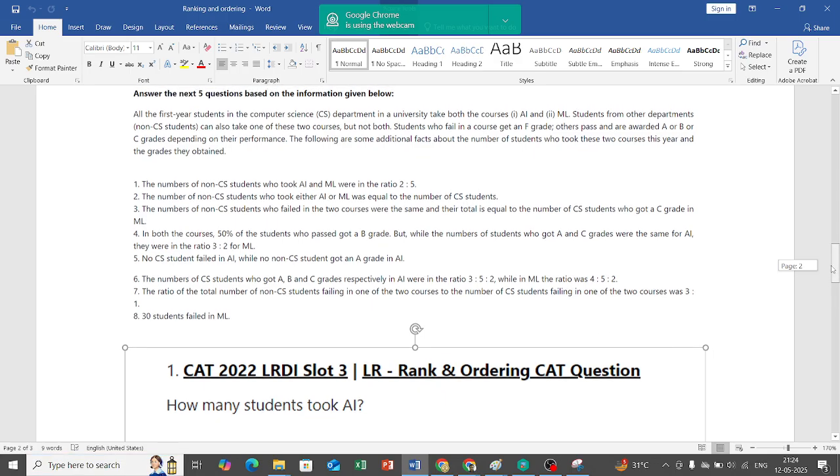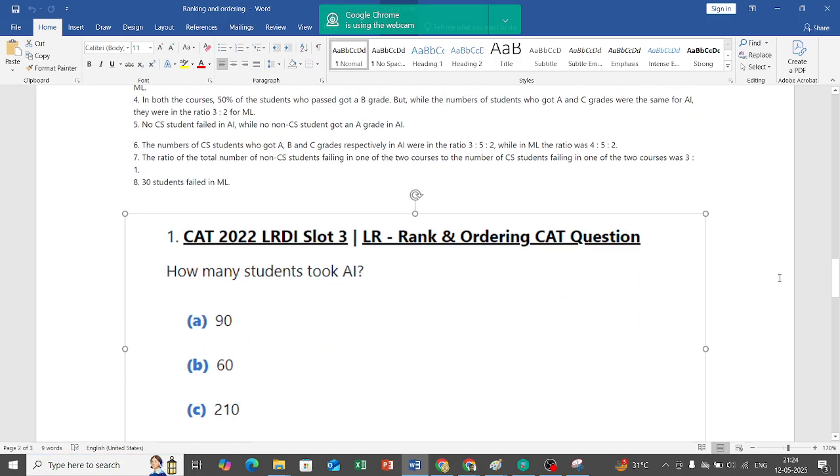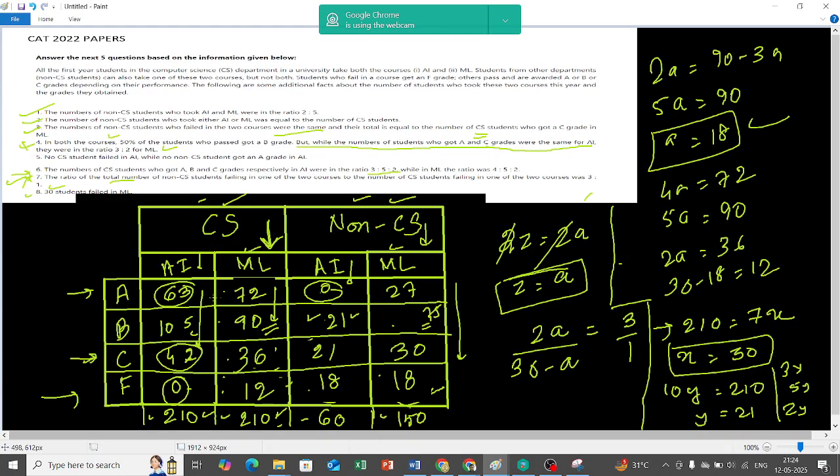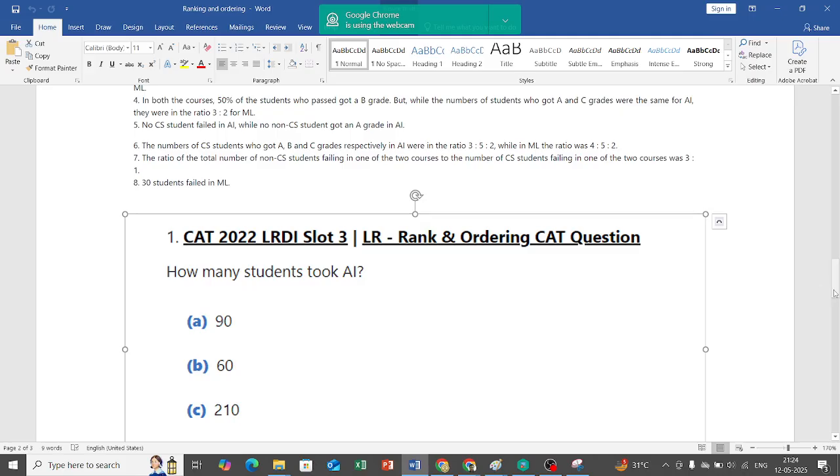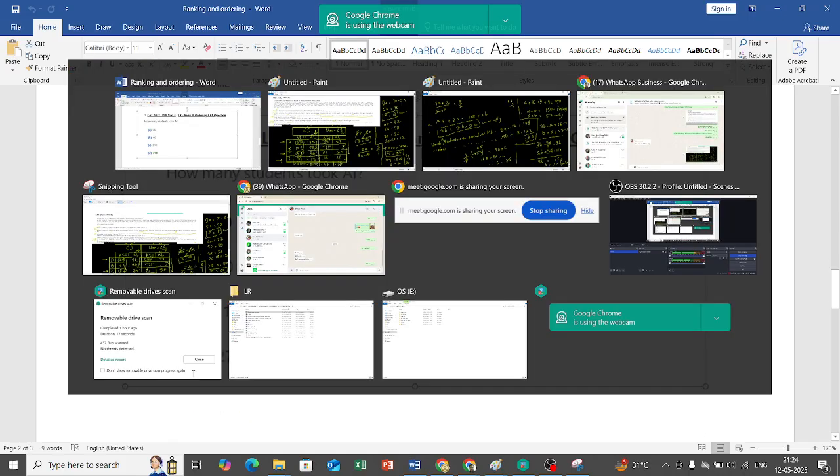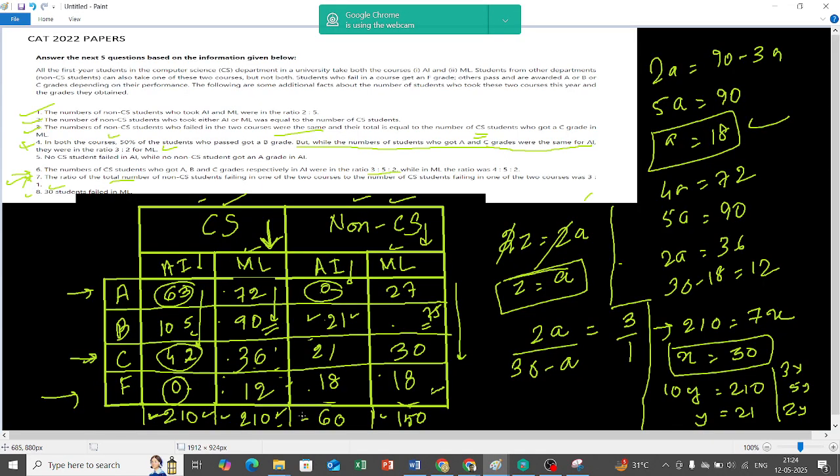You need to just see the table. 210, 60. Total number of students who took AI: 210 and 60. Add them, you get 270.